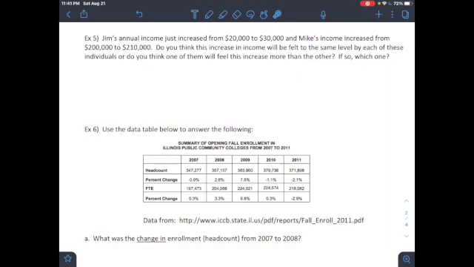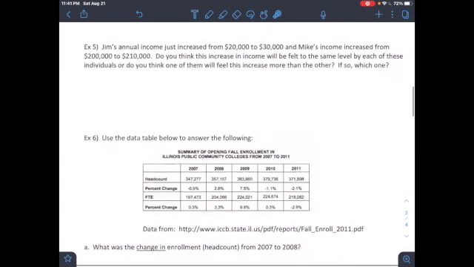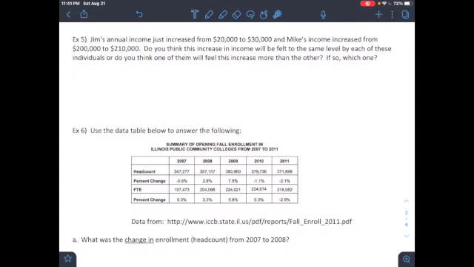If so, which one? In this case, there are 2 things you need to calculate to compare them: which one has a higher degree of increase. Whoever has the higher percentage of increase will definitely feel that money is more valuable.